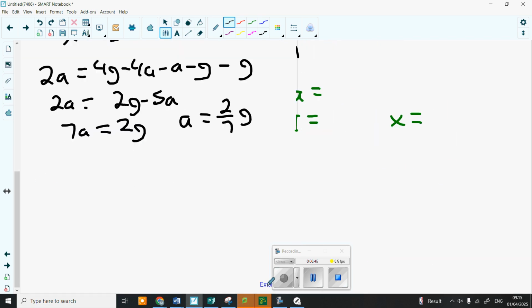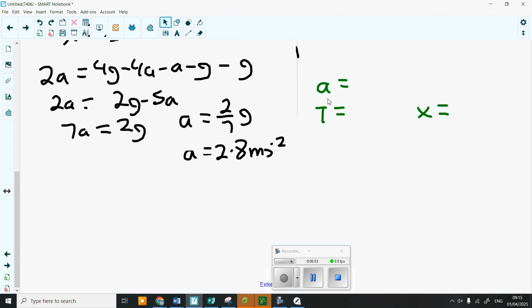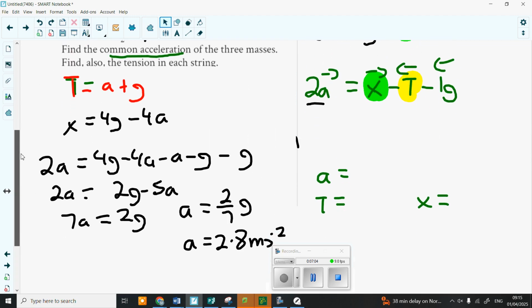And 2 over 7 G is 2.8. Everybody cool with that? Well, it's 2 over 7 times 9.8. Gravity's 9.8.